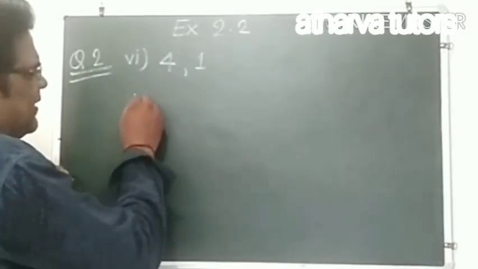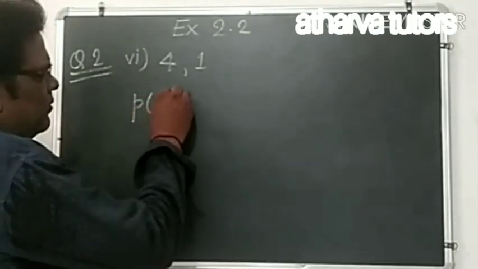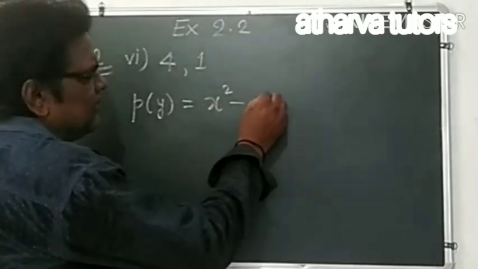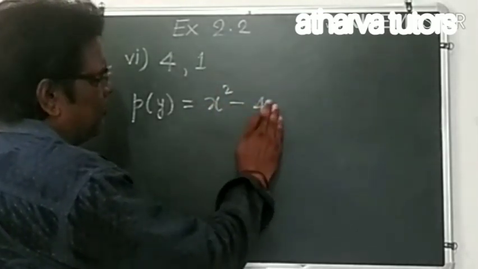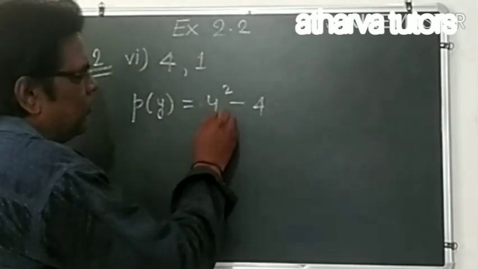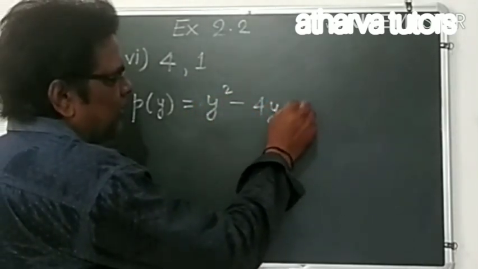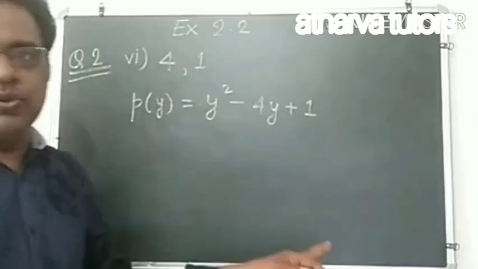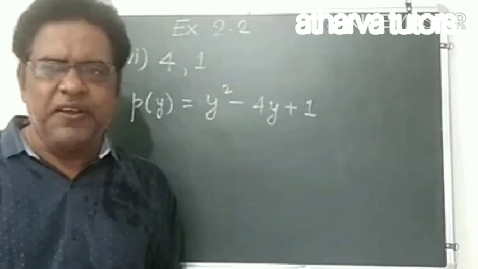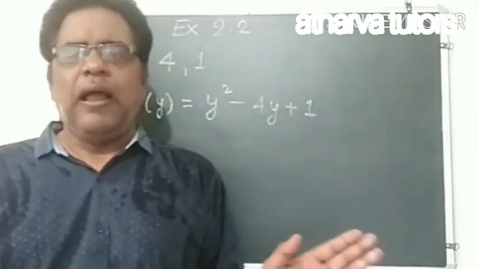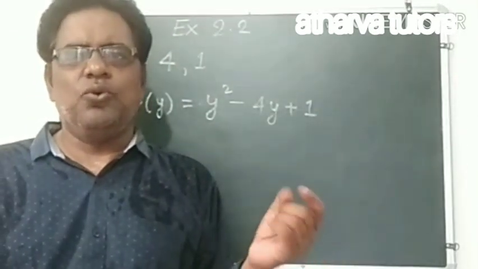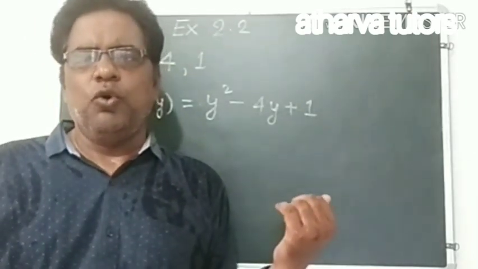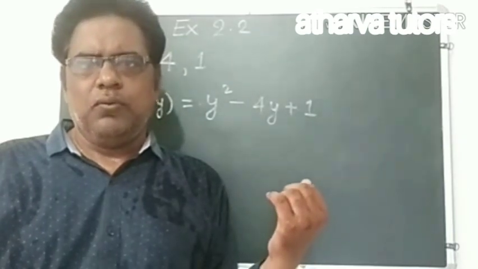You can write this polynomial as y square minus 4y plus 1, where the variable is y. I hope you understood how I wrote this. This is very simple and there is nothing more to explain in it.